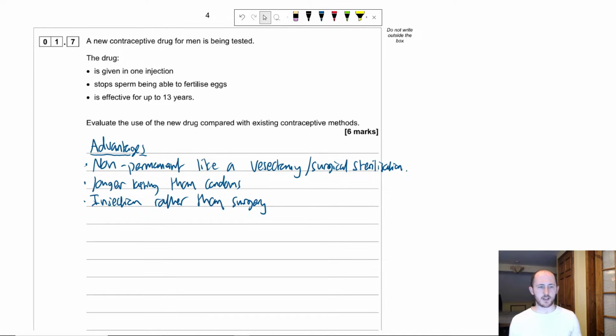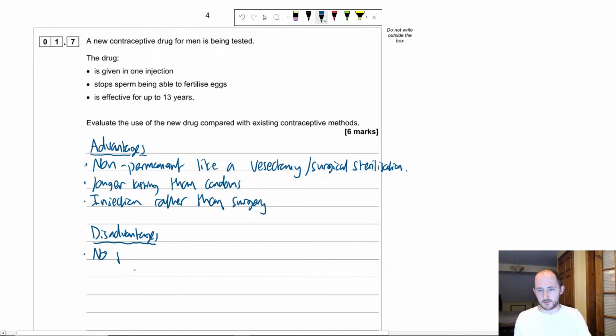So let's think of some disadvantages now. And literally this is how I'd lay it out, by the way. Right? No harm, no foul. It's logically ordered. They're logical ideas. Well, let's think about it. What's the benefit of having either a vasectomy or a condom over this injection that lasts for up to 13 years? Well, first of all, there's no protection from sexually transmitted diseases.